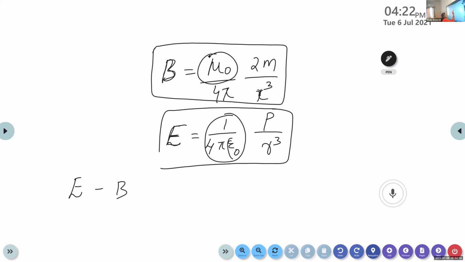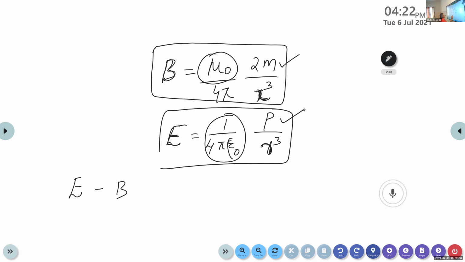Here this x cube represents the distance between the points. Here also this r cube represents the distance between the points. Similarly, what about this m and p? M is the magnetic dipole moment in magnetism, and this p represents the electric dipole moment in electrostatics. We just compared the equation that we obtained in magnetism with that of electrostatics.